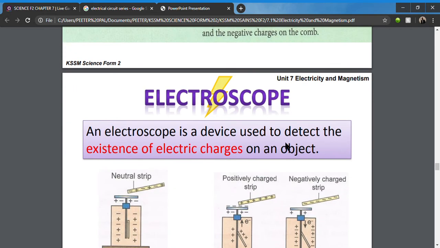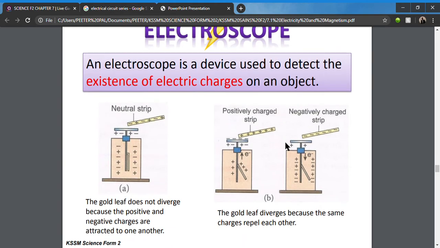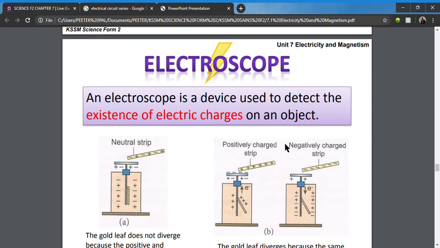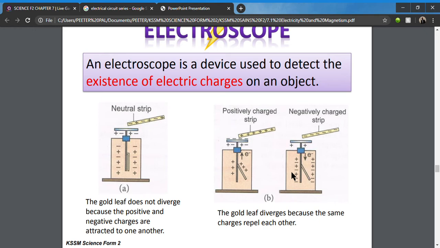Next, the electroscope. This is a device used to determine the type of charges. Look carefully at this diagram. If you bring a positively charged strip to the metal disc, the electrons are attracted to the metal disc from the gold leaf and the metal rod.